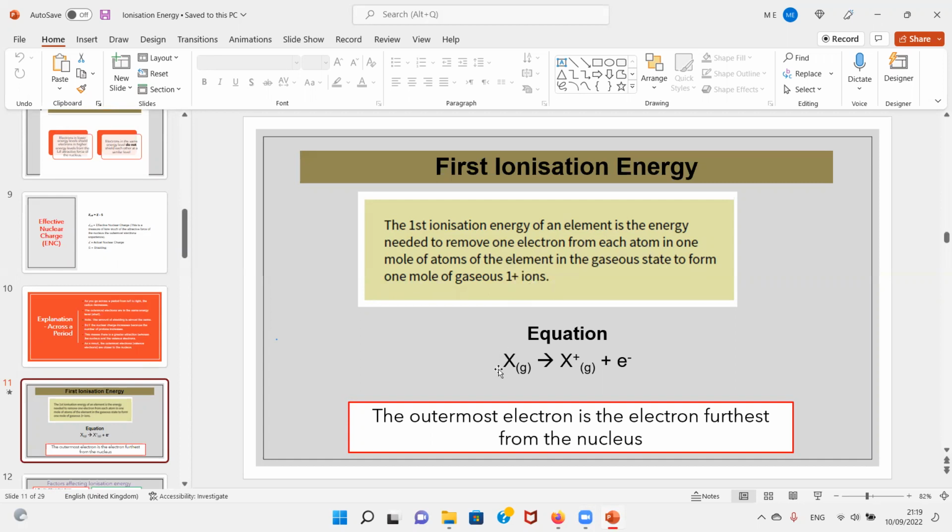So here you have 1 mole of gaseous atoms. You need basically to remove 1 mole of electrons from them, because now you are mature students.